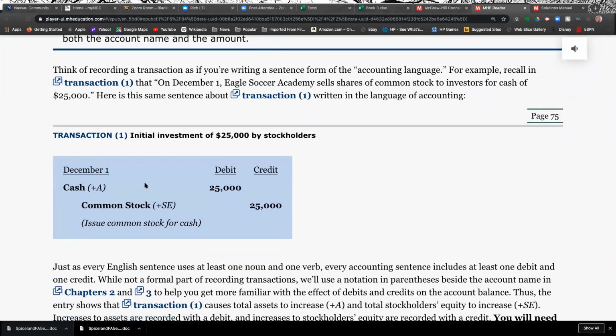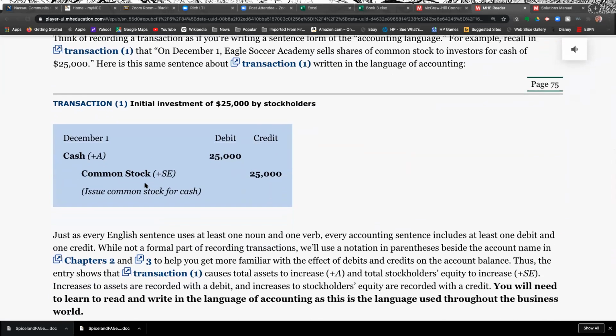Again, this is that first transaction we saw, where the owners put $25,000 cash in the business and took shares of common stock. What happened in that transaction? Cash increased, left-hand side of the equation. But now we're going to say debit cash. And what happened to the right side of the equation? Common stock increased, credit common stock.